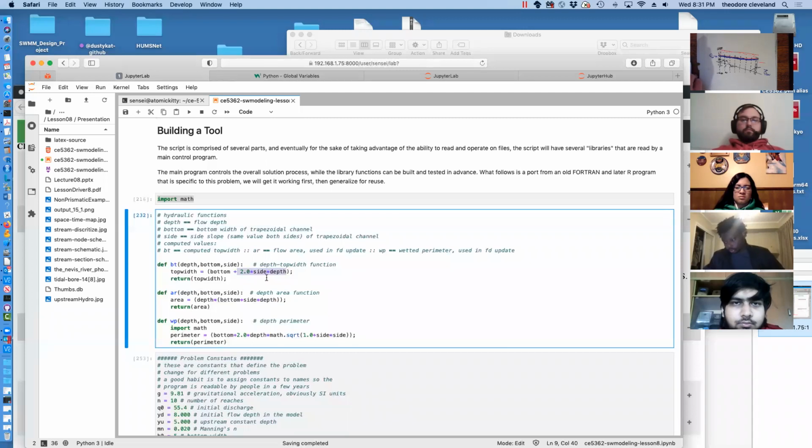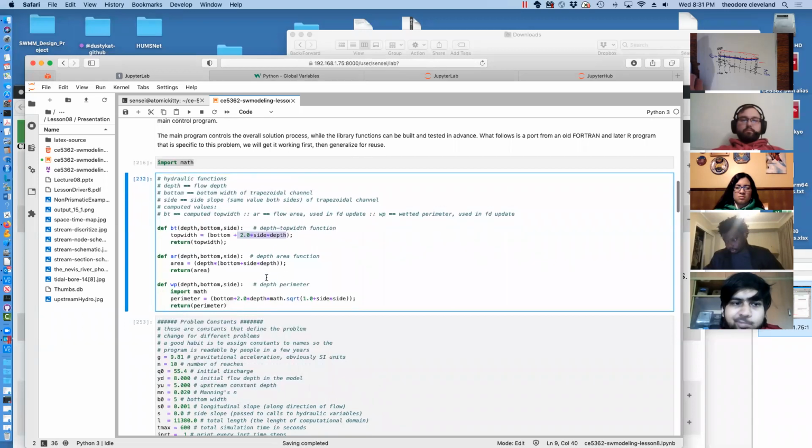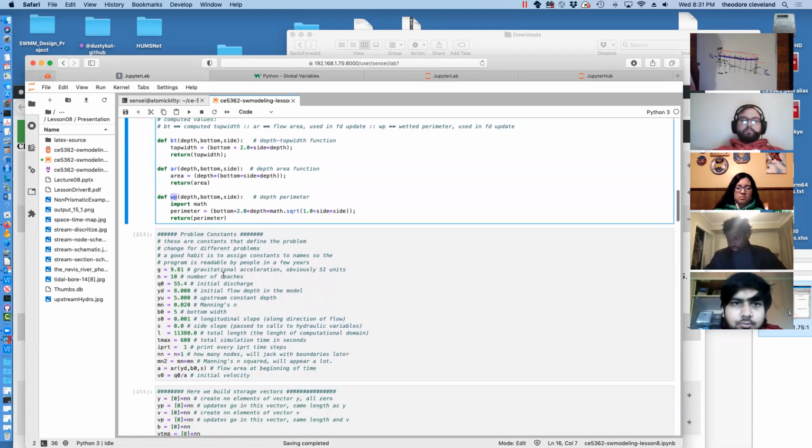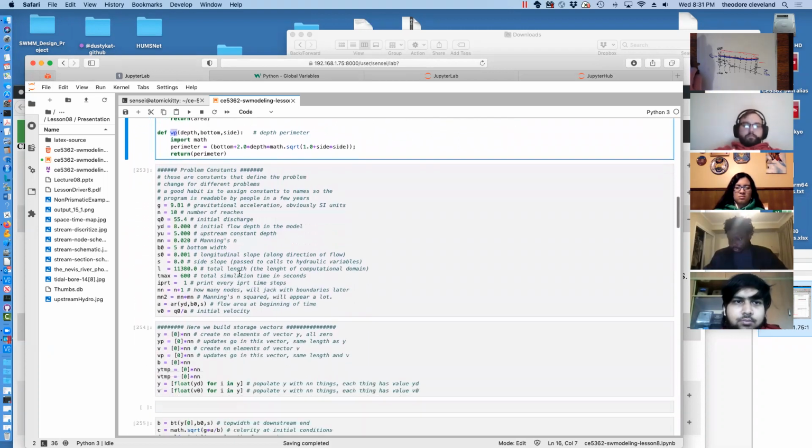In this case, that's not the case. It's a trapezoidal channel as you're accustomed to. So a top width function, an area function, and a wetted perimeter function. Those are just slight variations of before.